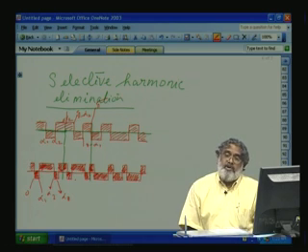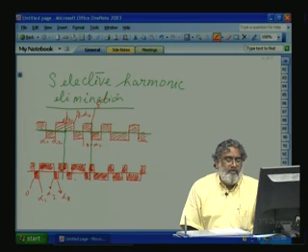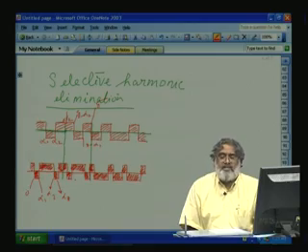For variable speed operation with different fundamentals, we require different conditions for the notches. So, it requires a lot of offline computation, and it is seldom preferred in the drives environment. How to suppress the harmonics and control the fundamental for selective harmonic elimination with the general equation, we will study in the next class. Thank you.